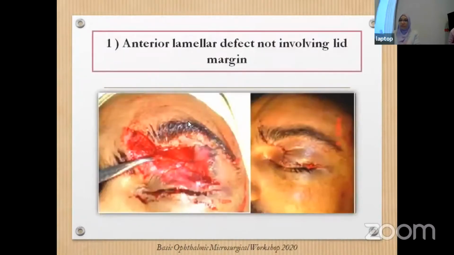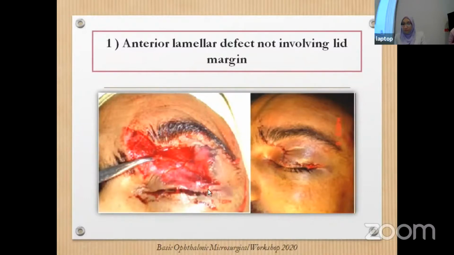Okay, this is the anterior lamellar defect not involving the lid margin. So this is straightforward. Okay, we try to close. It looks like there's a lot of tissue loss from the first picture, but actually it can be closed with direct closure. This is the post repair, okay? We try to save as much tissue as we can. This one is not involving the lid margin.